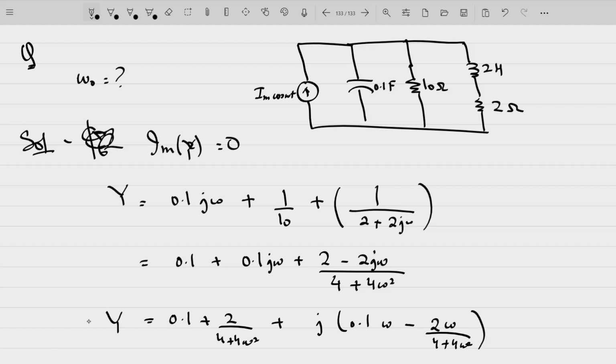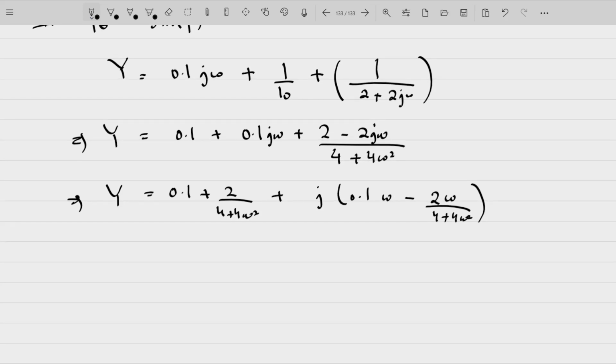So this is our admittance. Now we have to substitute the imaginary part of this admittance equal to 0. Imaginary part of admittance equal to 0 means 0.1 omega minus 2 omega divided by 4 plus 4 omega square, when equated to 0. Whatever value of omega we obtain from here will be the resonant frequency for this particular circuit.